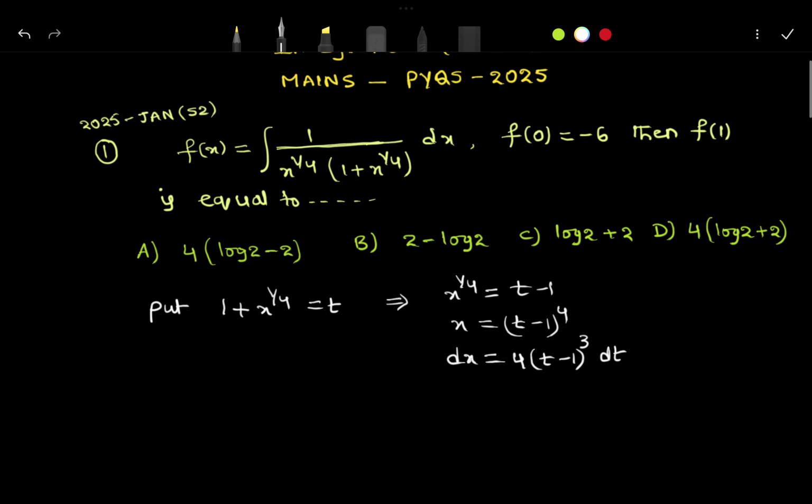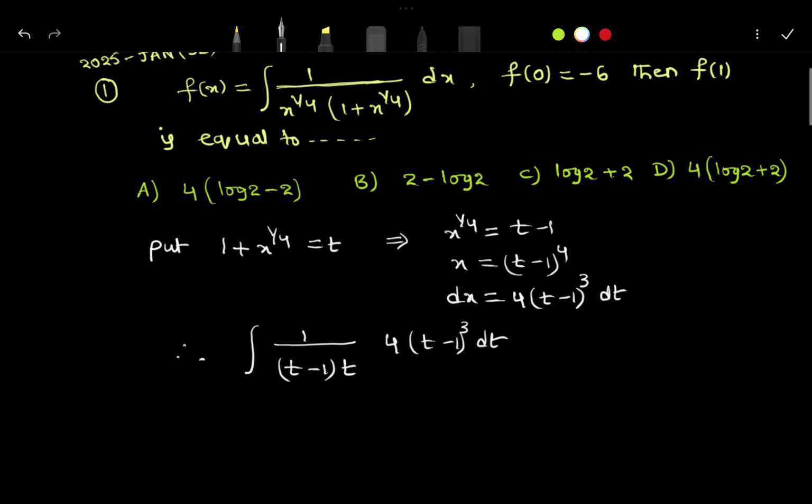Now substitute all the values. Therefore, you can write the integral of 1 by (t minus 1), since x to the power of 1 by 4 is t minus 1, into 1 plus x to the power of 1 by 4, which is t. Next, dx is 4 into (t minus 1) whole to the power of 3 into dt.